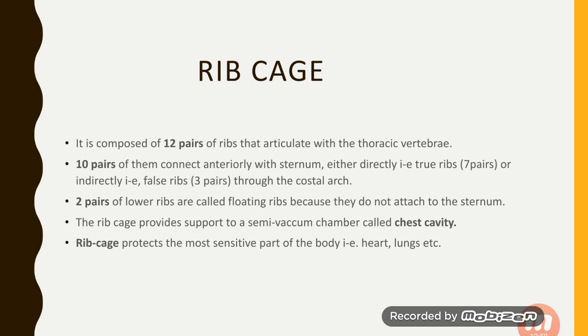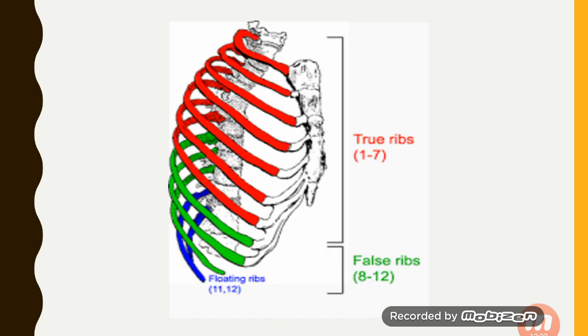There are 10 pairs which connect anteriorly with the sternum, either directly, that is true ribs, or indirectly, that is false ribs. So basically there are 3 different sets of bones in the rib cage.